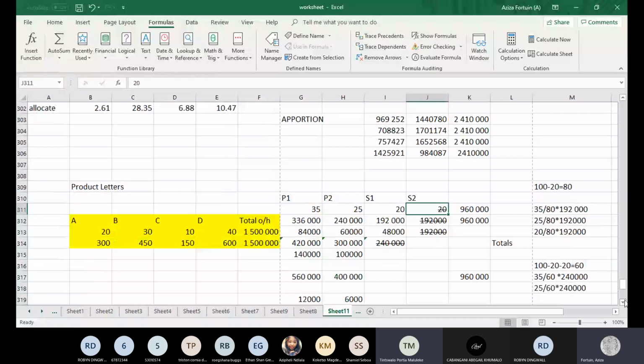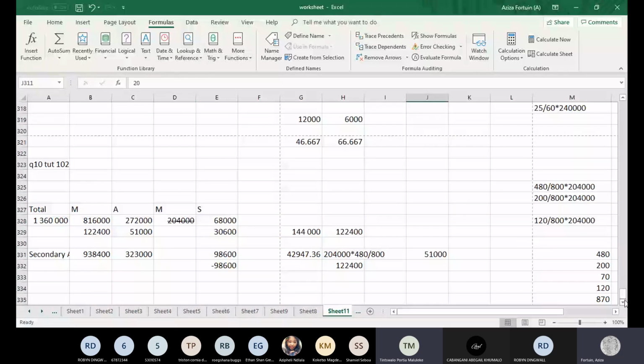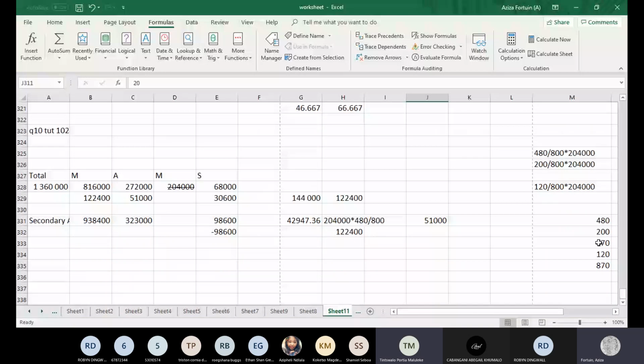So we're going to deduct it there. Let's put a note there. And then you get your 800,000. So that's how you got your 122,500.